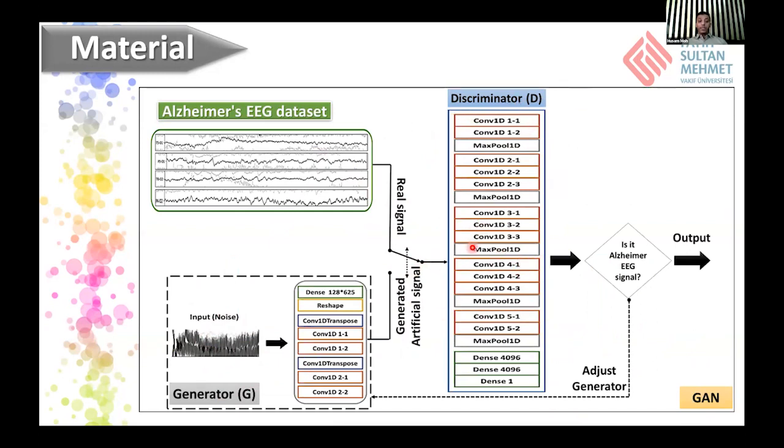The discriminator's purpose is to detect whether the data comes from real or generated. Suppose the discriminator detects that this data comes from the generator. There is a feedback that goes to the generator to adjust and enhance the network to generate artificial signals that cannot be detected by the discriminator.